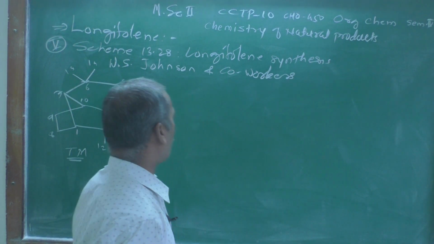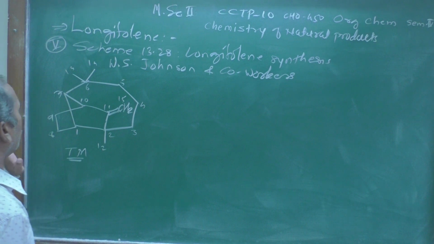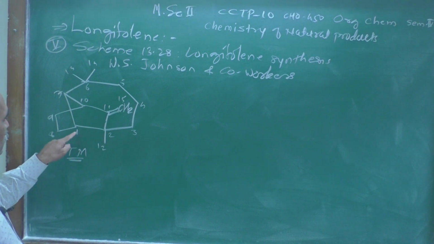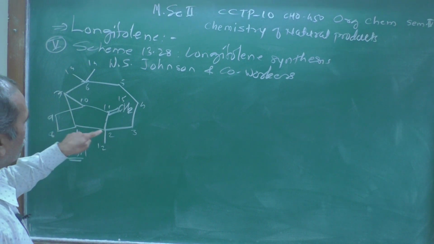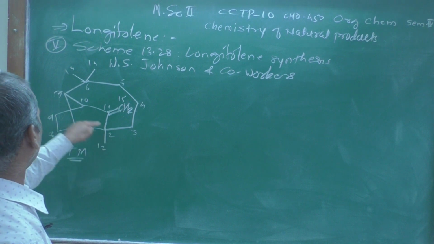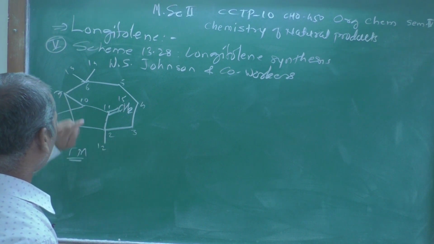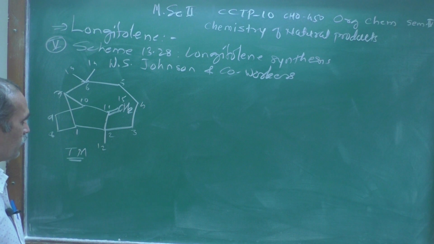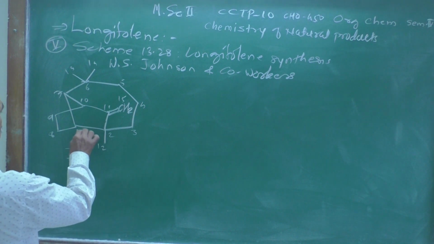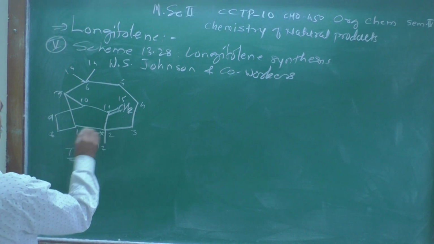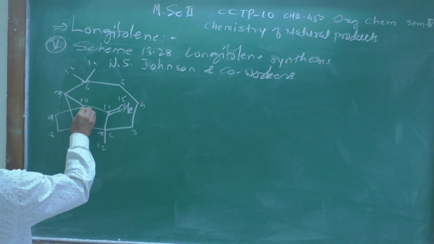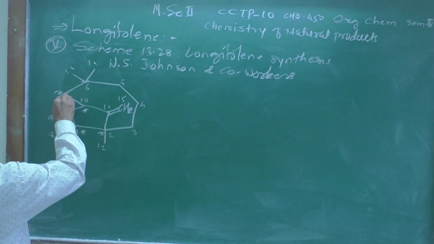It is a hydrocarbon. There are 4 chiral centers, that also we know: carbon number 1 is a chiral center, 2 is a chiral center, then 7 and 10. So there are 4 chiral centers which exist in Longifolene.